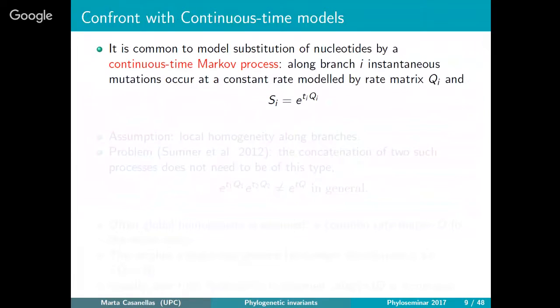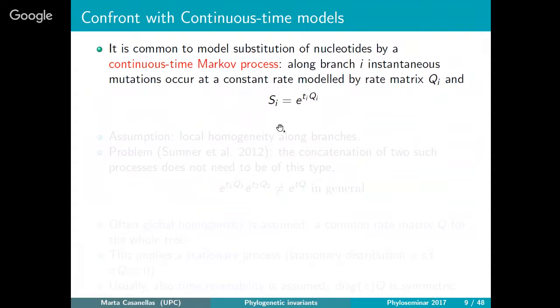So what is common in biology is to model the evolution by a continuous time process. So one assumes that there is an instantaneous mutation rate, and this rate is the same throughout a branch on the tree, and these rates are collected in a matrix that is called the rate matrix Q, so that the substitution matrix is actually the exponential of this rate matrix times the elapsed time along that branch.